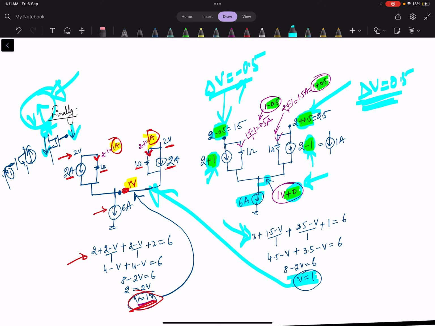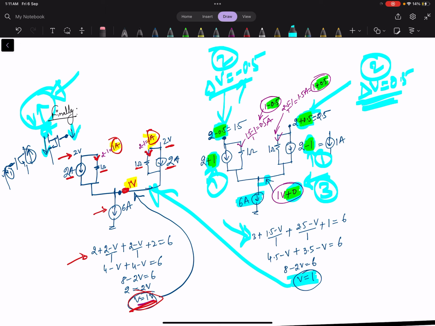The first point is that the current increases by the same amount and the current decreases by the same amount. The second point is that the voltage decreases by the same amount and the voltage increases by the same amount. Then we see that the delta V change is 0 volt.